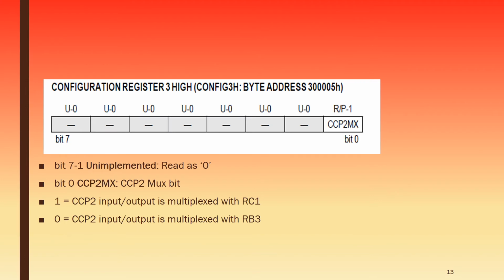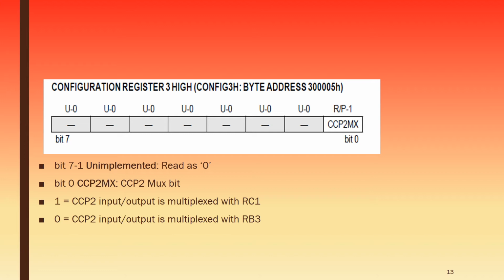Now next is configuration register 3 high, that is CONFIG3H. Byte address is 300005H. As you can see, it corresponds to CCP2 MX, which is related to our capture compare PWM.